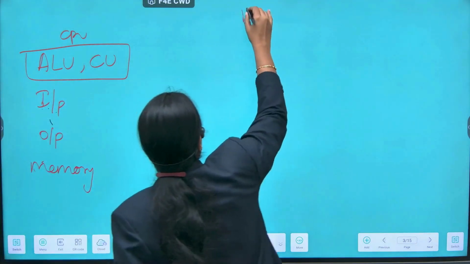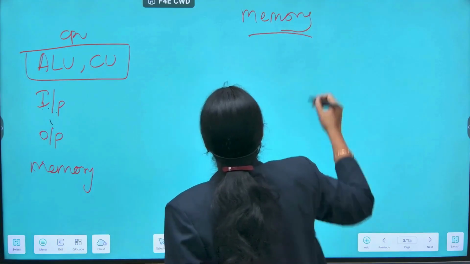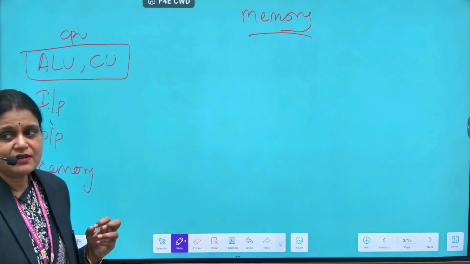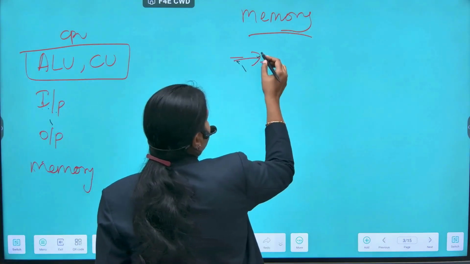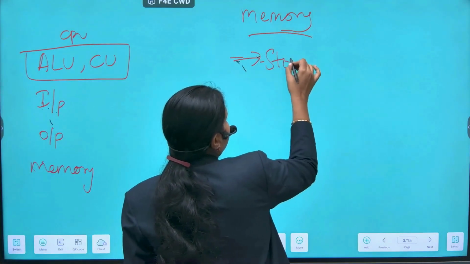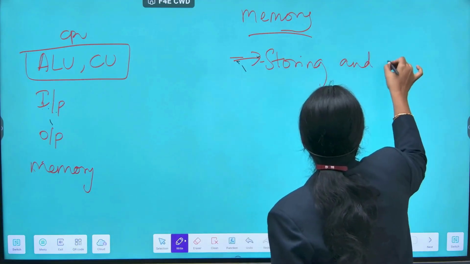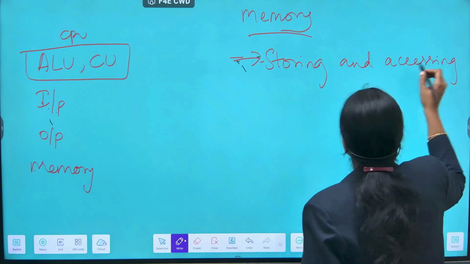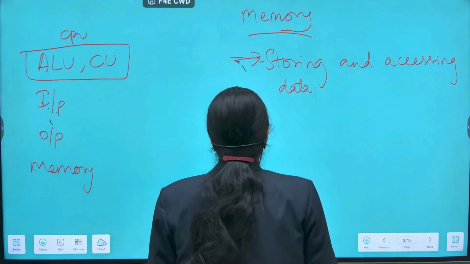Memory means something we want to store, or we want to fetch some stored information, so we access memory. So memory is used for storing and accessing data.